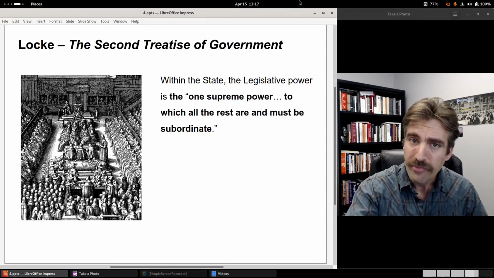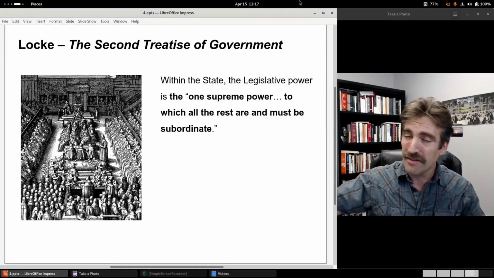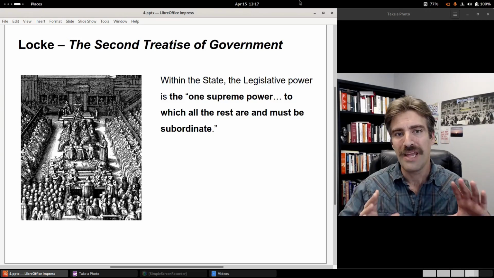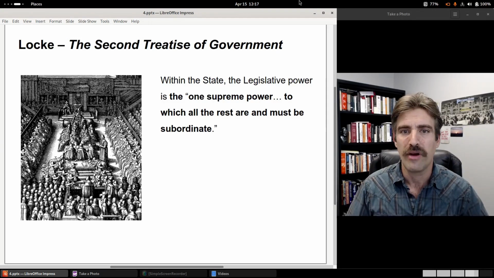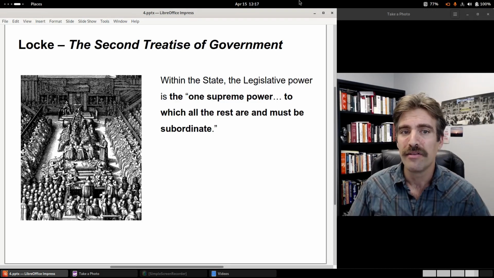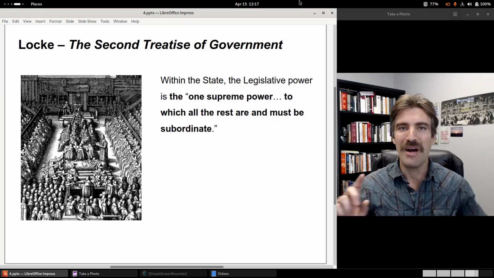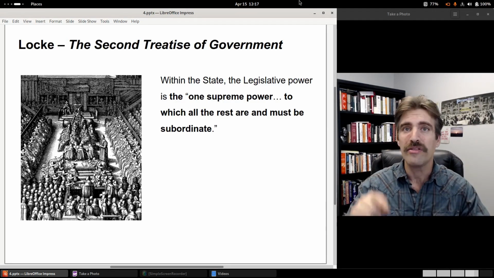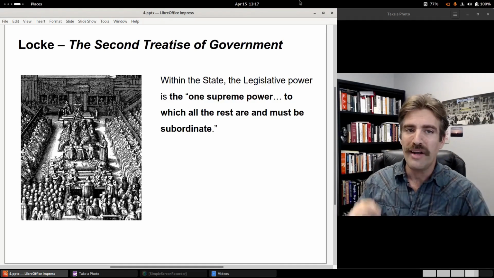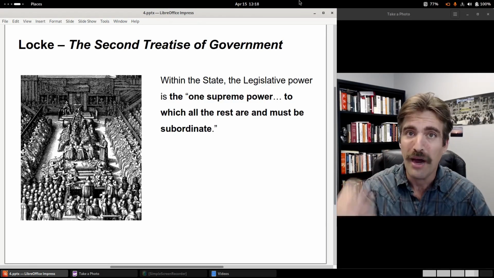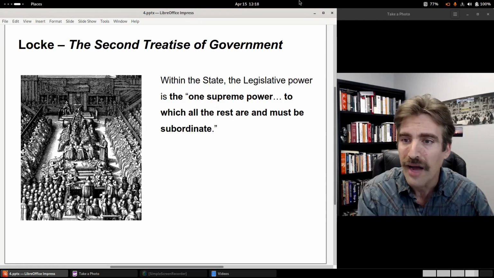So, within the state, the state apparatus, the legislative power, is the one supreme power to which all the rest are and must be subordinate. There's a reason why in our Constitution, Congress is number one. Article 1 addresses the powers of Congress.